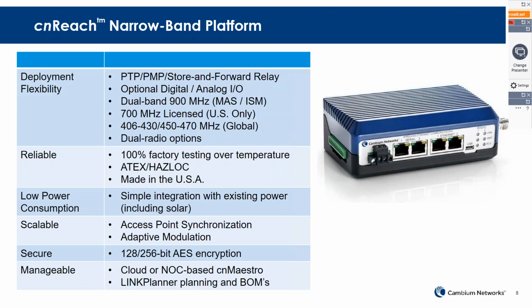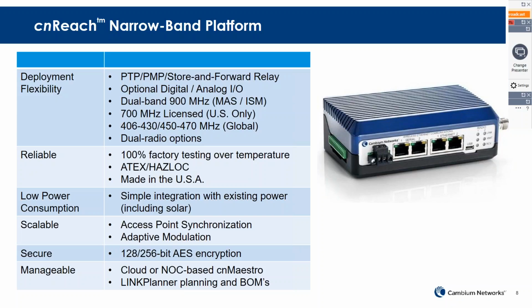That's for global, and the unit comes with a single radio port or dual radio port. It's your choice. Sometimes people say, okay, I need one radio port, you get one radio port. You can get two radio ports if you think that you need two.